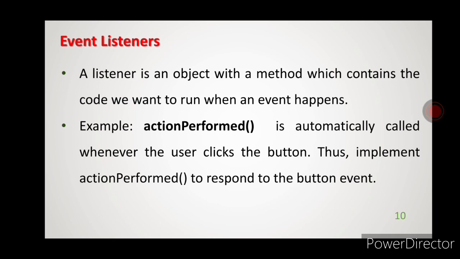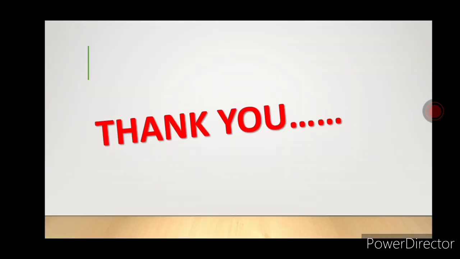If you want to use an interface, we use the implements keyword, and here event listeners are maintained as interfaces. Most of these event listener interfaces and event classes are available in the java.awt.event package. Okay, thank you.